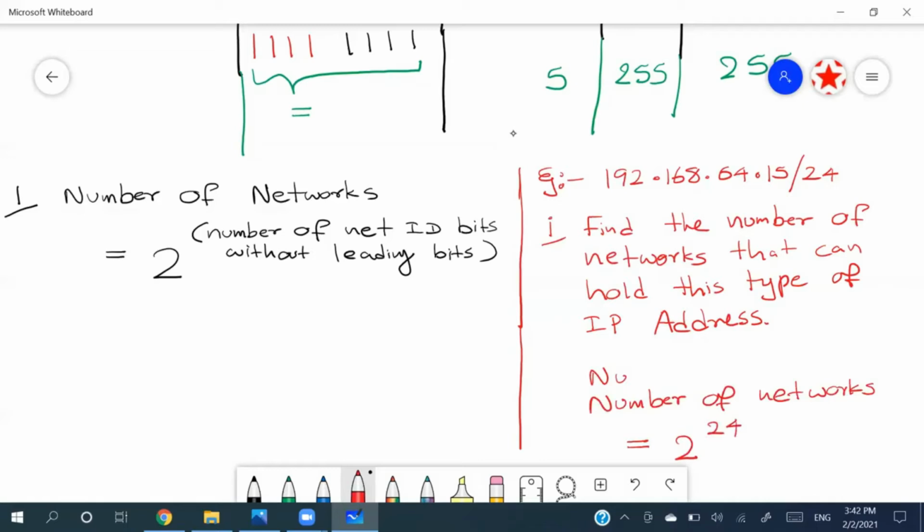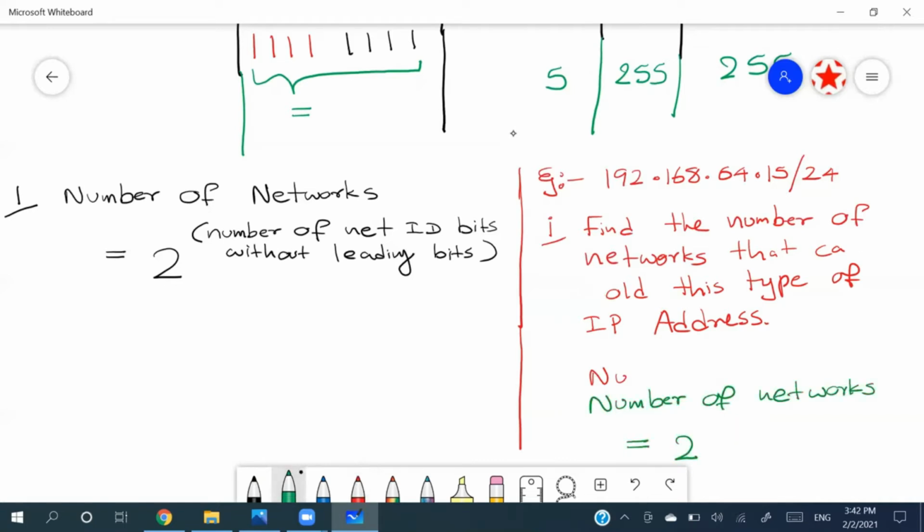Why am I saying it's 2 to the power 24? Because CIDR notation says how many net ID bits there are. Actually, 2 to the power 24 is not the answer, I wrote it in an incorrect manner. So CIDR notation says it's 24. There are 24 net ID bits in there.